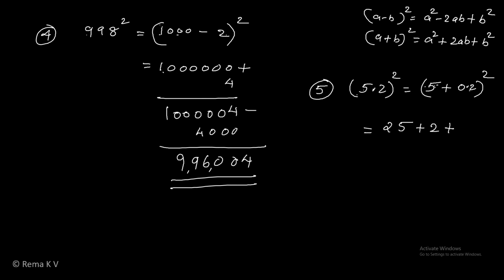Then plus 0.2 square is 0.04. 2 square is 4. Here 1 decimal place. So in the square 2 decimal places must be there. So 0.04. Now whole number part is 25 plus 2 plus 0. So it is 27.04.